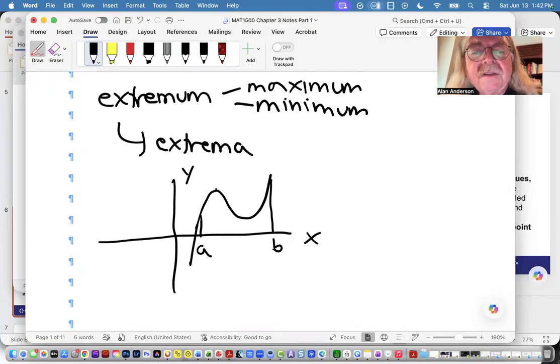And then there are also points where it seems to reach a peak and then turn down afterwards. And there are also regions where, like here, for example, it seems to bottom out and then it starts turning up again. And also at the end points, we might be reaching the highest value within the interval, or possibly at the left-hand point. So in other words, we're looking for these points where the function has some specific behavior.